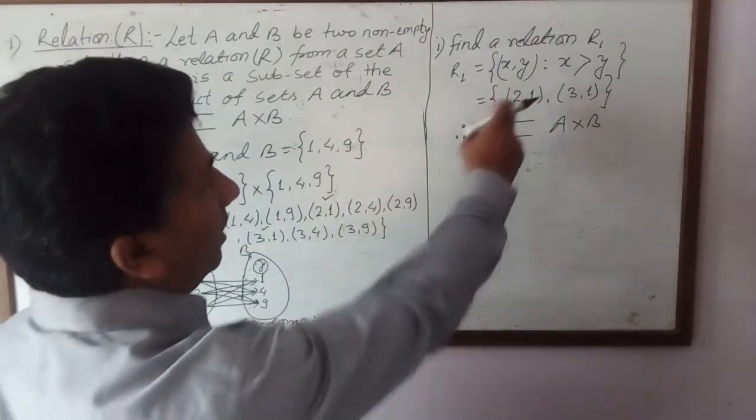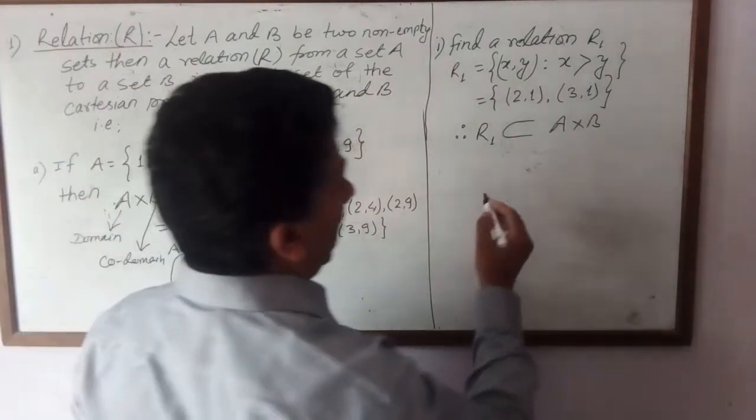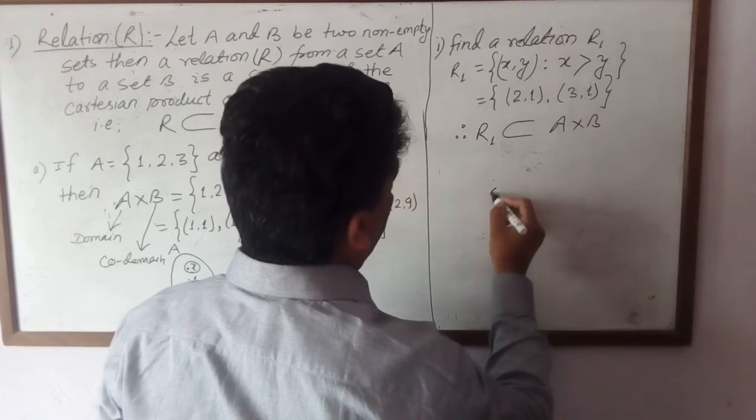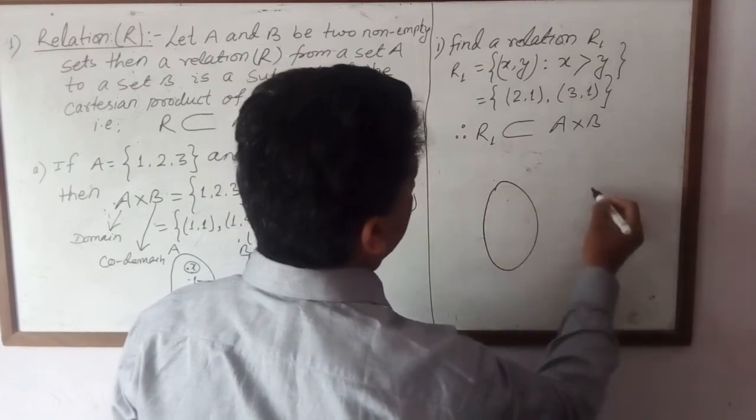Now one example I gave for this A cross B. This one we can show in a diagram also, a mapping diagram like this.